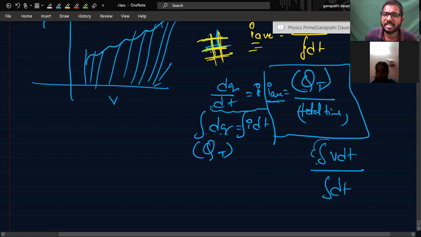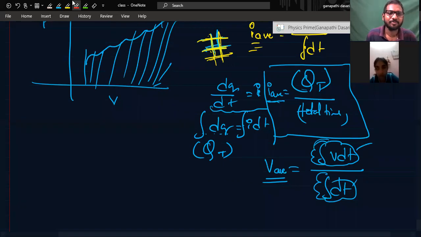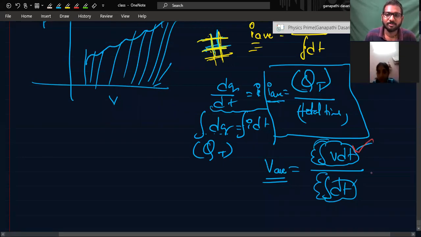This is nothing but total displacement by total time, which is V average. Do you get this? Anywhere for finding out average, this can be used.